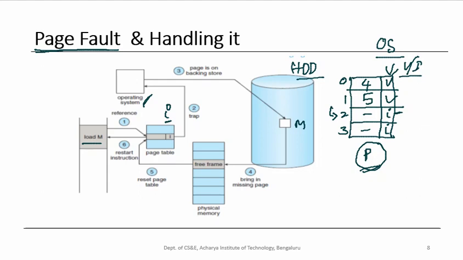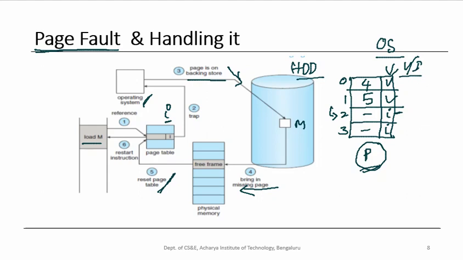The operating system now locates this page on the hard disk, or backing store. This is the third step. After the operating system locates it, the page is brought into the main memory. That is the fourth step: it is put into one of the free frames, assuming we have a free frame in the main memory.